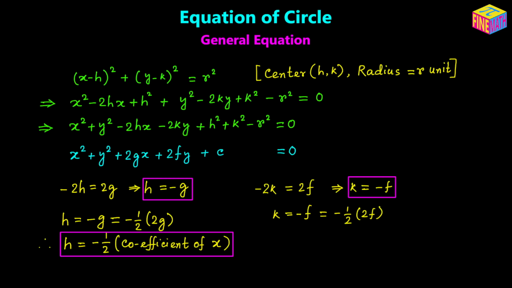Similarly, k is equal to negative f, and that can be written as negative 1/2 of 2 times f, and that is nothing but negative 1/2 of the coefficient of the y term in the general equation. So the y coordinate of the center is equal to negative 1/2 of the coefficient of the y term in the general equation.